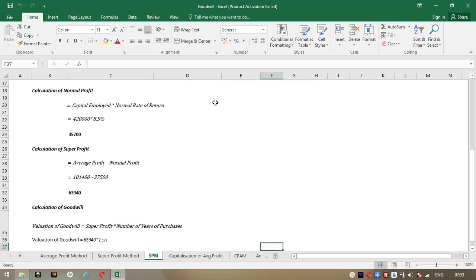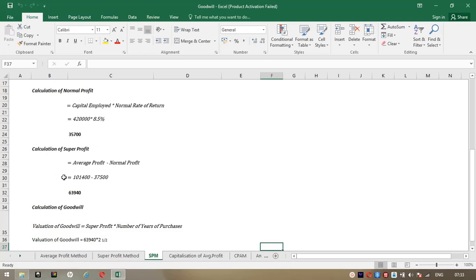For a particular type of industry, when the profit is ascertained, at that time the normal rate of return is calculated by the business. Capital employed means the net assets available with the business. So we have to multiply capital employed and the normal rate of return. Here 4,20,000 into 8.5%, the answer is 3,35,700. So this is our normal profit.